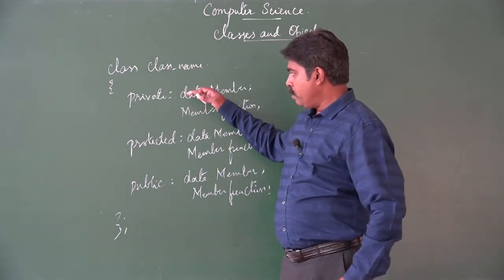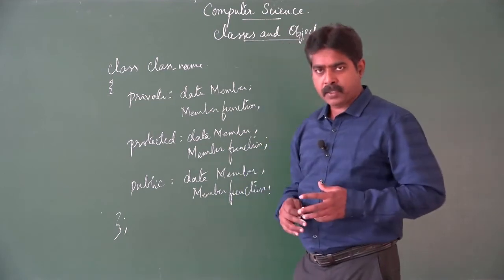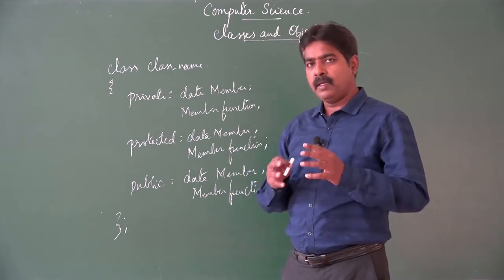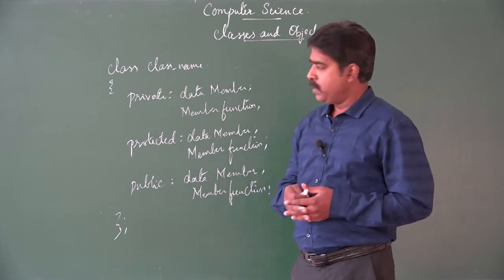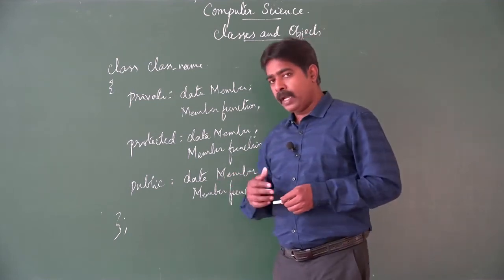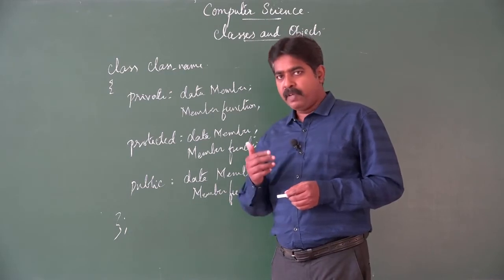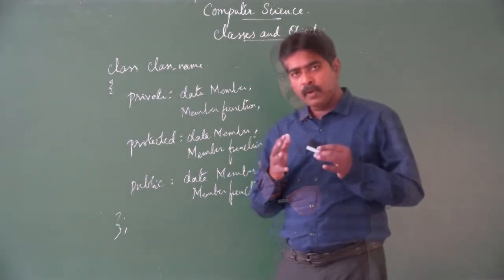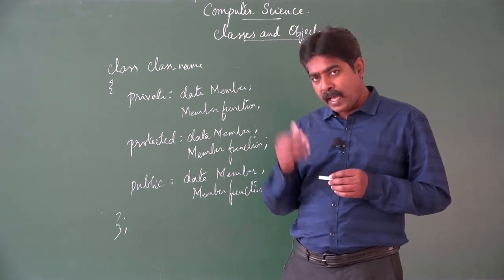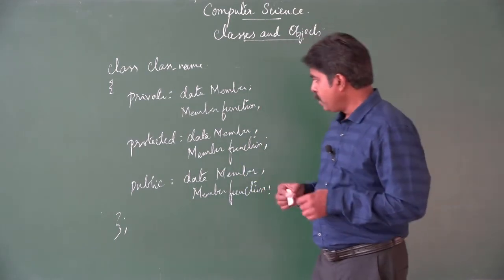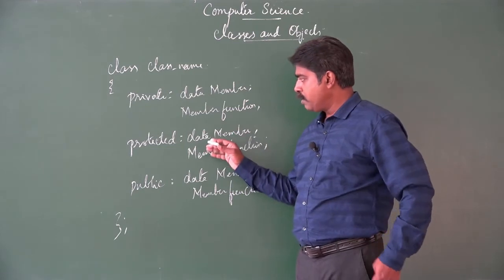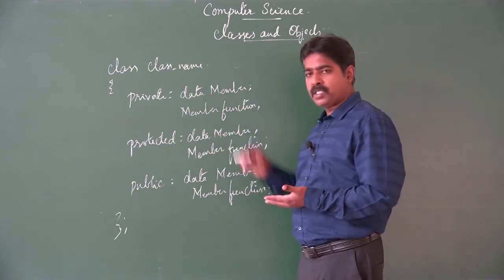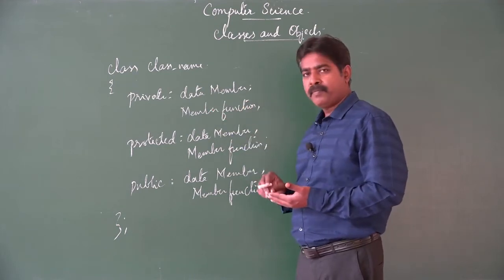So when we write the members of a class, as I said before, we should be writing under access specifiers, because when we access members, we will be using the object. We are going to use the object to access the members, and these members will have the data member concept and the member function.